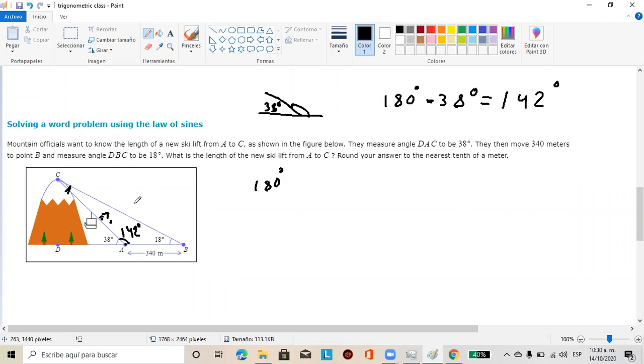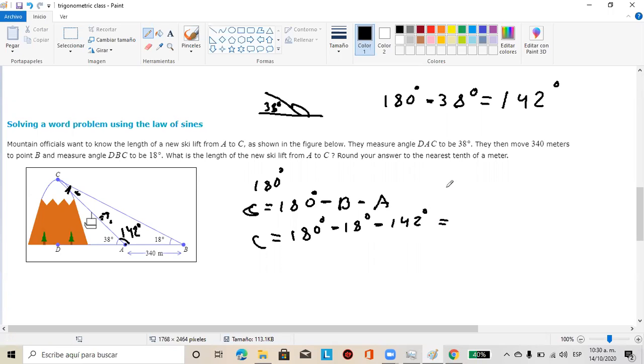Let's call this angle C. C is equal to 180 degrees minus the measure of the angle B minus the measure of the angle A. So C is equal to 180 degrees minus angle B, which is 18, minus angle A, which is 142, and we have that C is equal to 20.